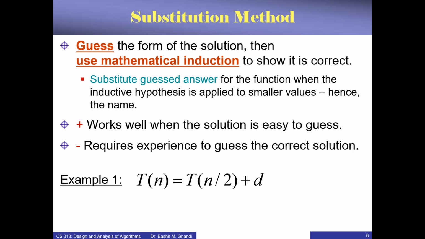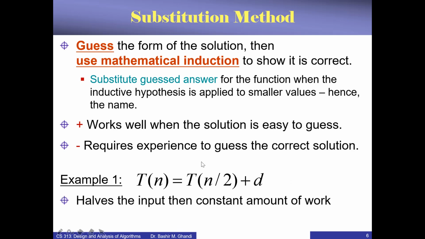Suppose you have a recurrence like this: T(n) equals T(n/2) plus d. What do you think will be the running time of this function? The way to look at this is to look at what is actually happening. You came in with a size of n.